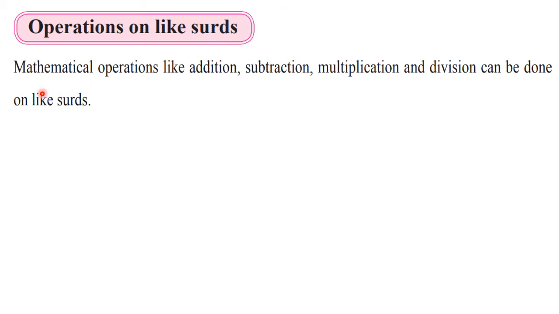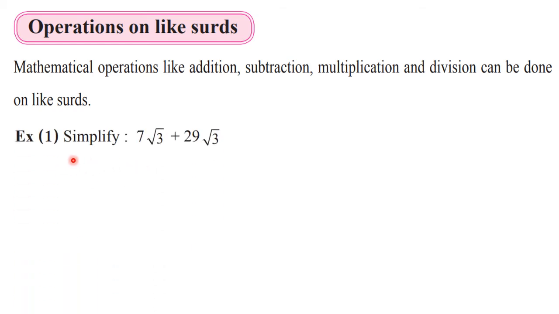So these operations are addition, subtraction, multiplication and division. You know that algebra is all about these operations and the signs. Then we can do these operations here on the like surds. Now let us see various examples here and try to understand how to do these operations.